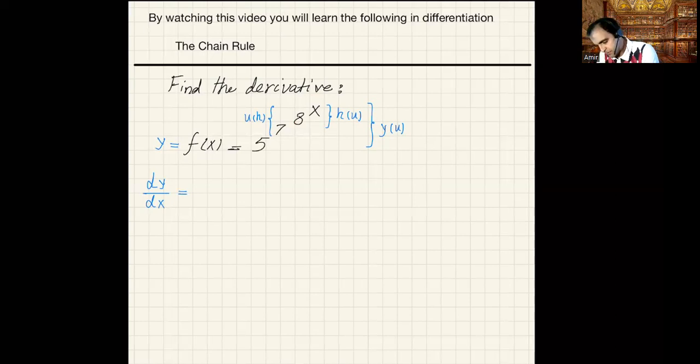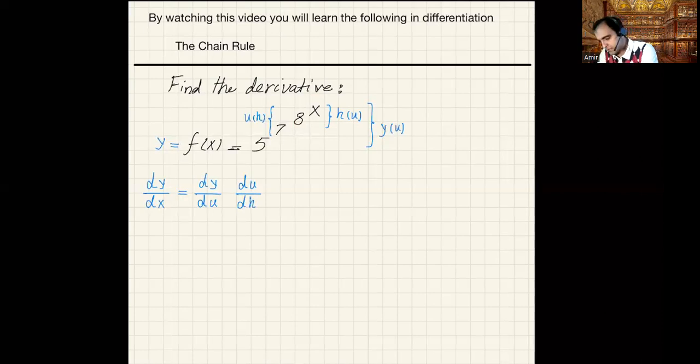So we have here y as a function of u, so it is dy in terms of du. And then, as you can see here, u itself is a function of h, so du over dh.